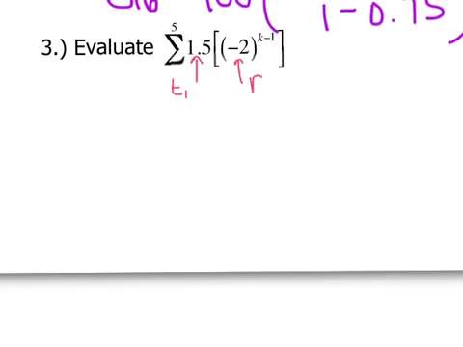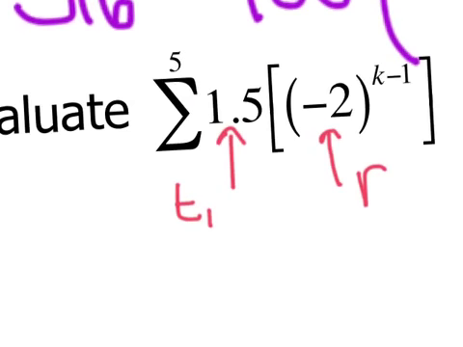So let's think about why these are what they are, because I could certainly just tell you and move on, but let's have a little bit of an understanding why. By the way, I'm missing k equals 1 on the bottom. I'm not sure why that's not there, but it's not.